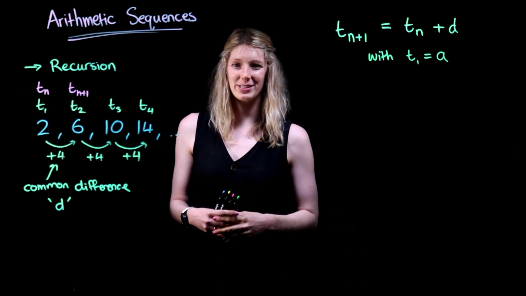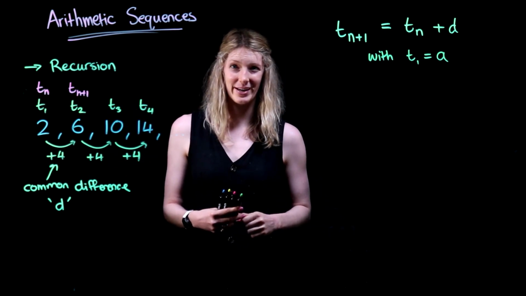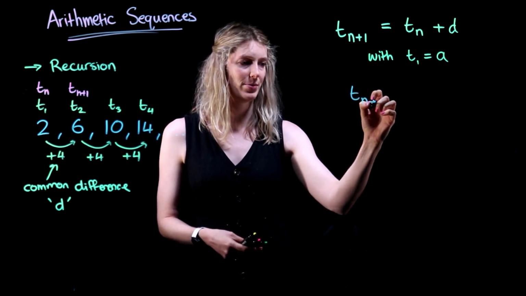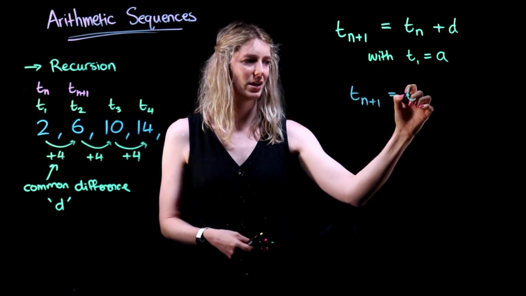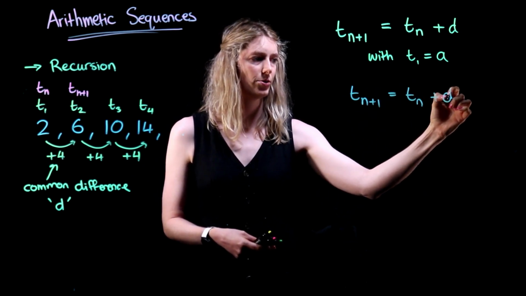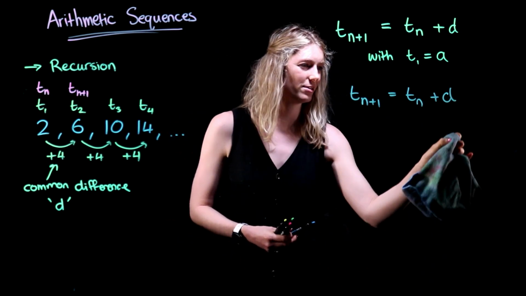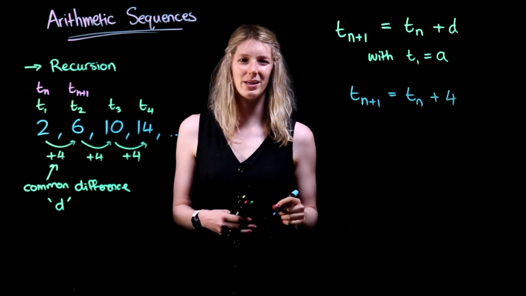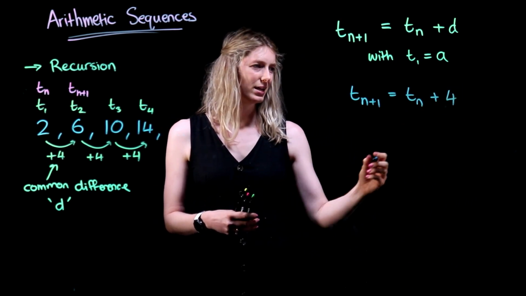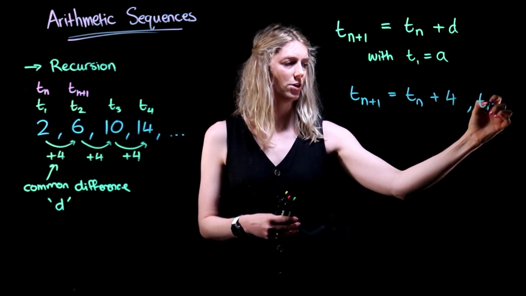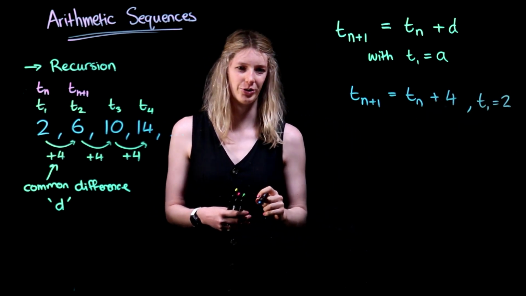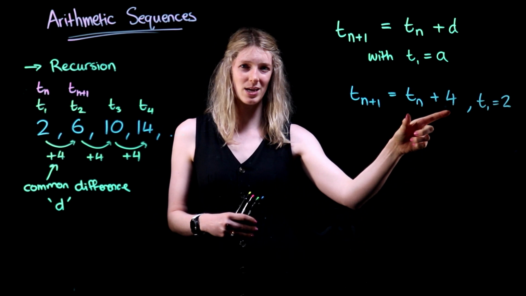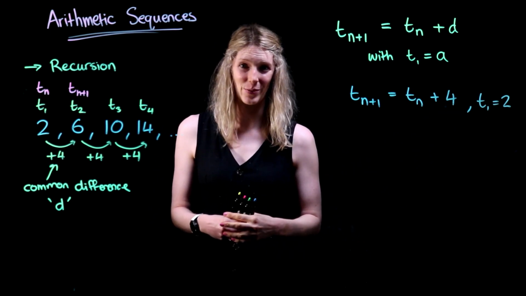So if we were to represent this sequence on the board here using recursion, we would say to calculate term n plus 1, we take term n and we're going to add on our common difference of 4, given that term 1 is 2. So that is giving us our instructions for the relationship between each term and what our first term is going to be.